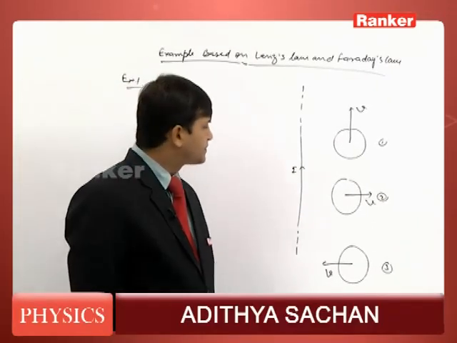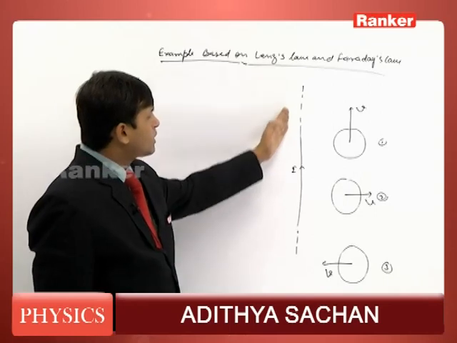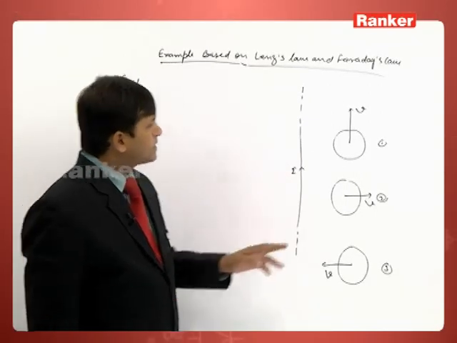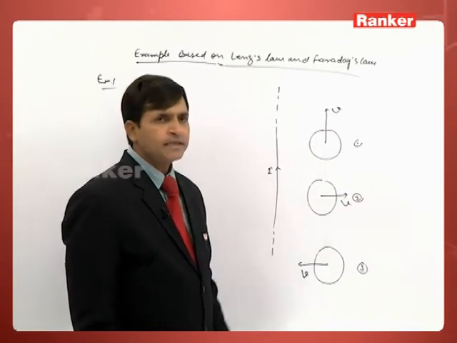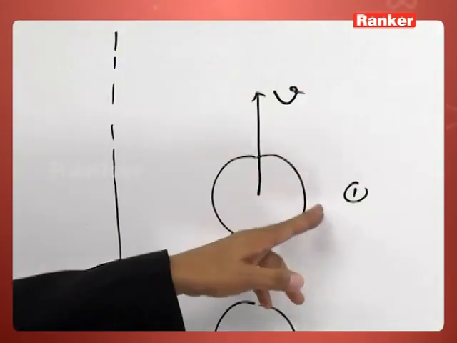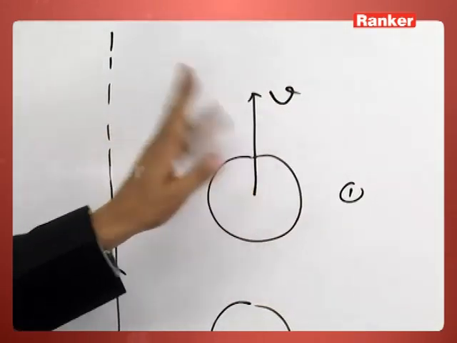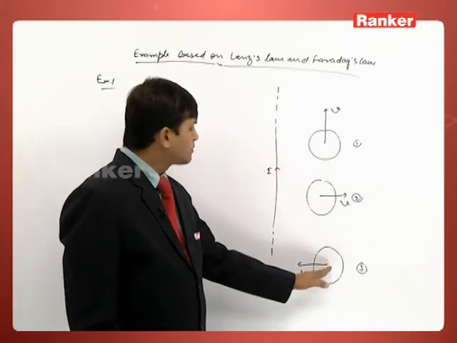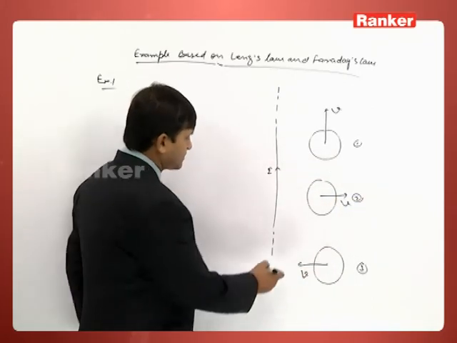It is a long current carrying conductor having current I. There are 3 loops, 1, 2, 3, all identical loops, suppose. Loop 1 is moving parallel to the conductor, loop 2 away from the conductor, loop 3 towards the conductor.